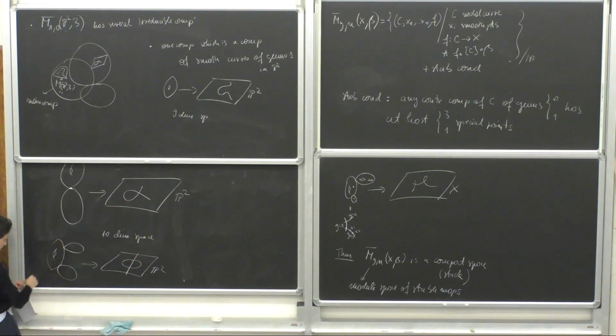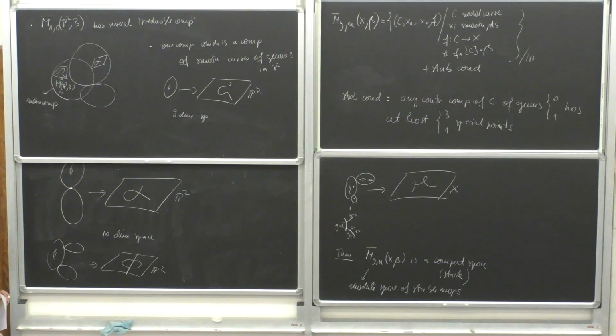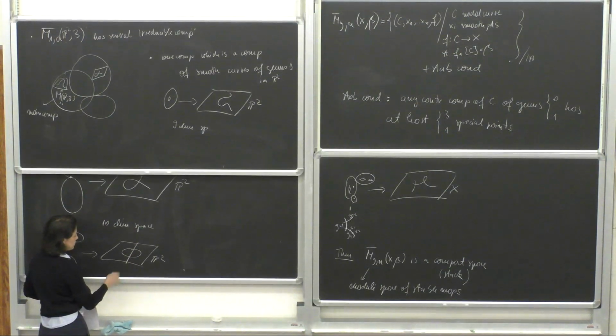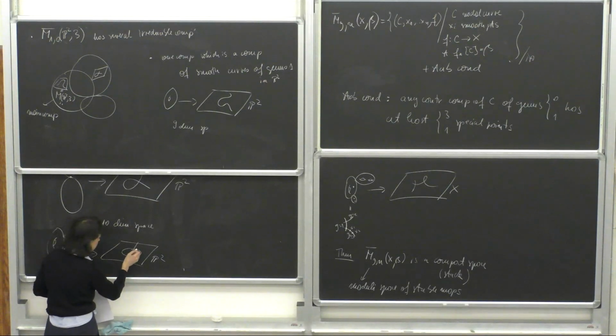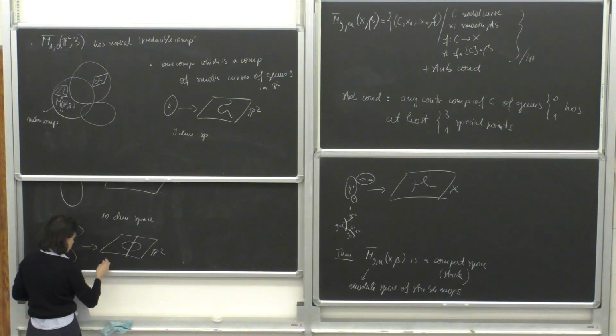And this red curve, I can send it either to this point or to this one. And again, I want to know how many such things I have. This is something which you can actually compute. So this is another space which has dimension 9.